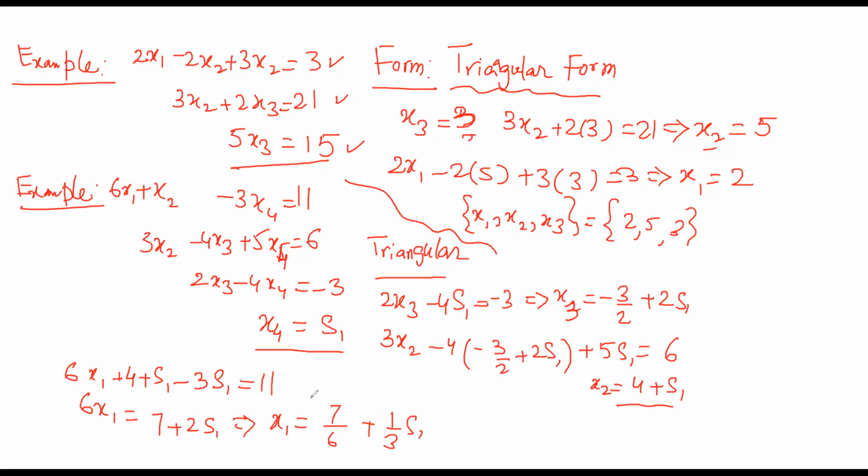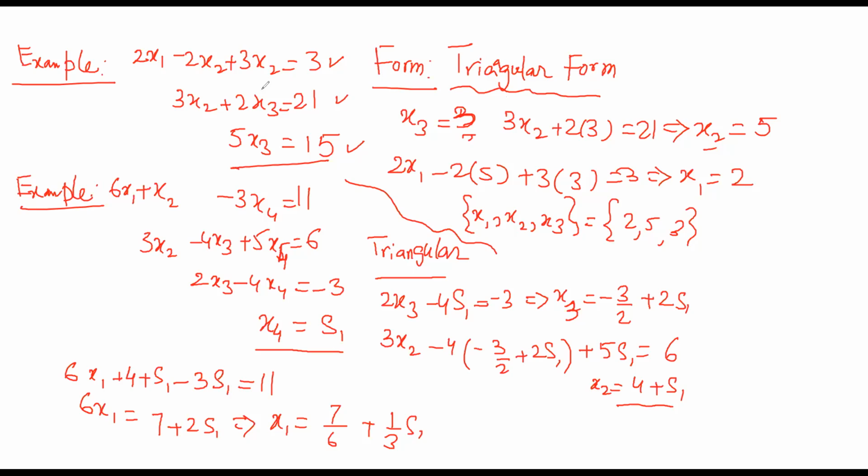Sorry, Professor, I have a question. In the first example, why did we multiply 3 to 3 when we found x1 equals 2?